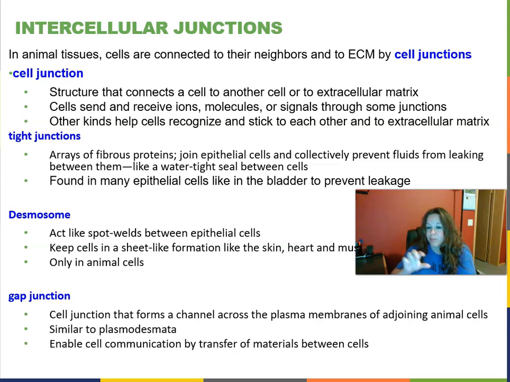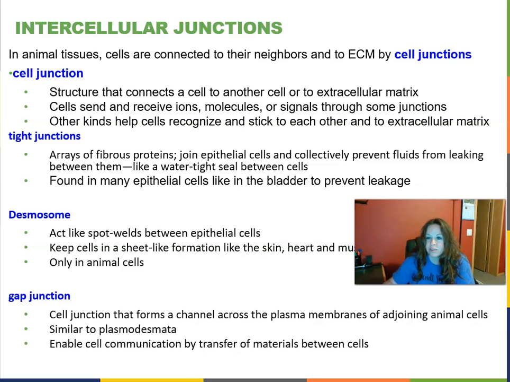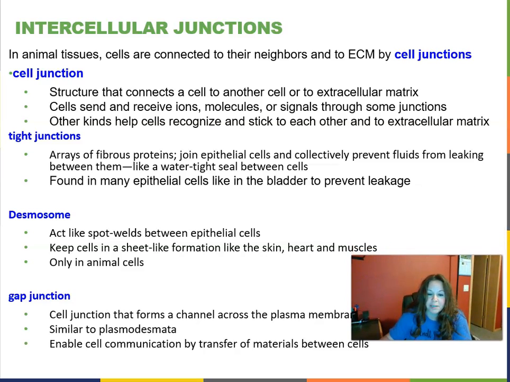Basically, the plasma membranes of neighboring cells are connected, and there's a little tube in between that will allow stuff to flow between those cells. That's called the gap junction. That allows cells to communicate and talk to one another through chemical signals and to share substances.